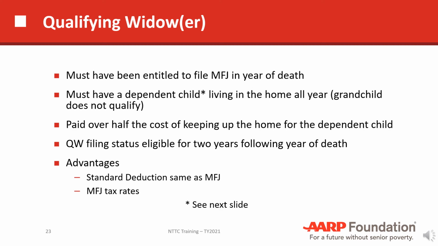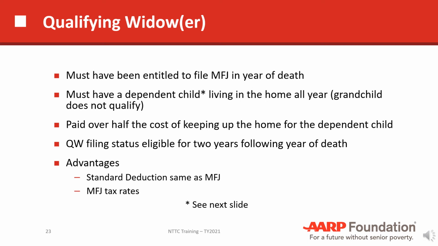Secondly, they must have a dependent child living in the home all year, and a grandchild does not qualify them. So it must be a blood relative, must be a dependent child living in the home all year. They must have paid over half the cost of keeping up that home for that dependent child.